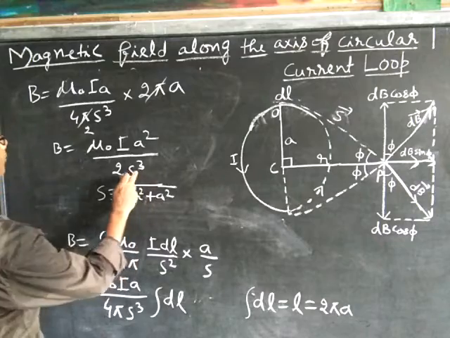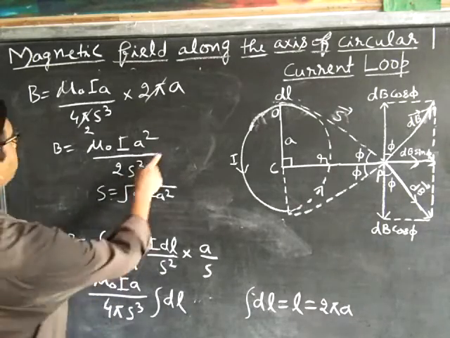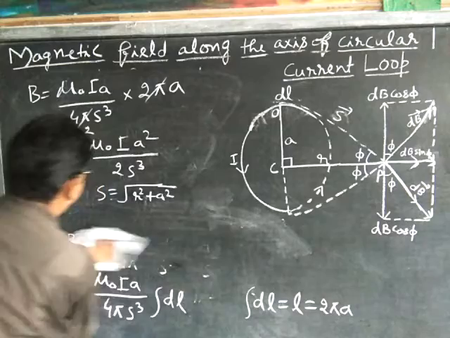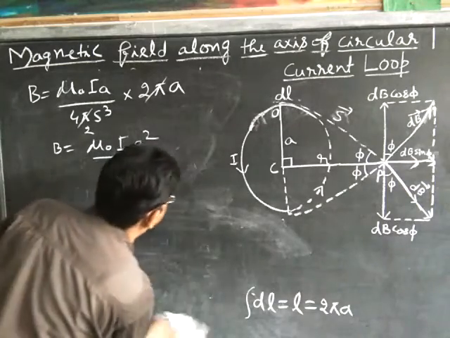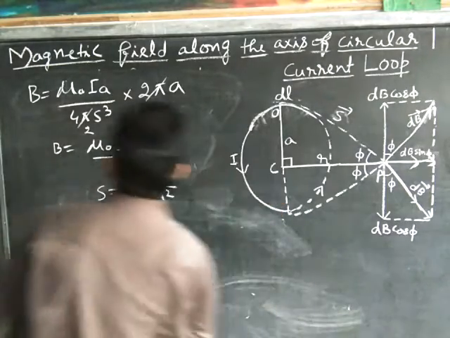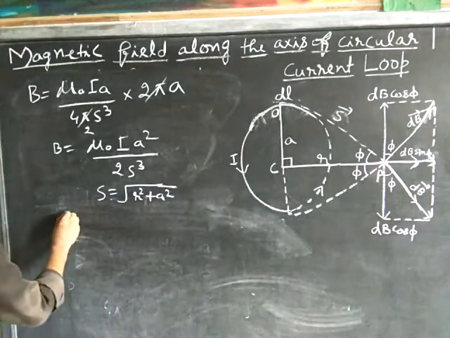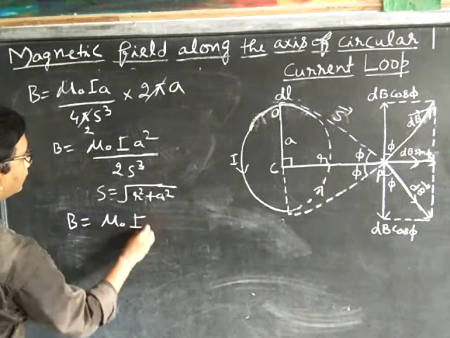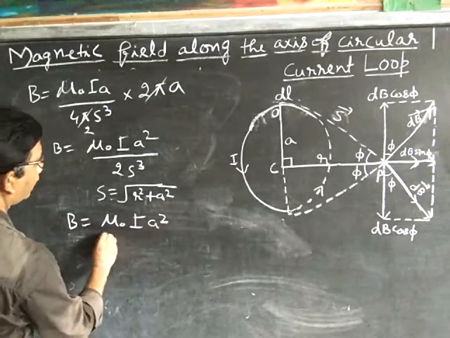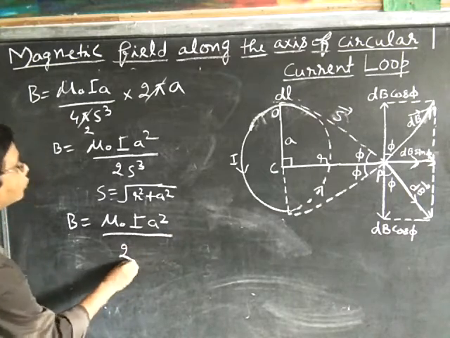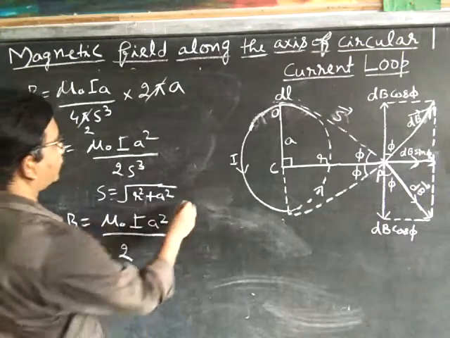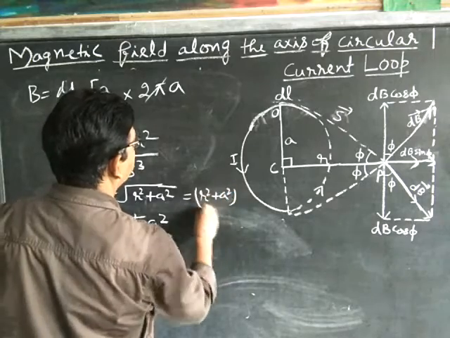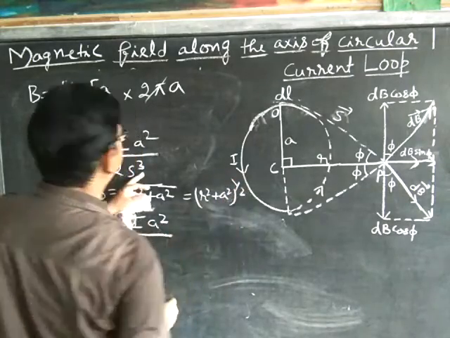We will put the value of S in this equation. Then B is equal to mu 0 I A square upon 2, R square plus A square to the power 1 by 2 and power 3.